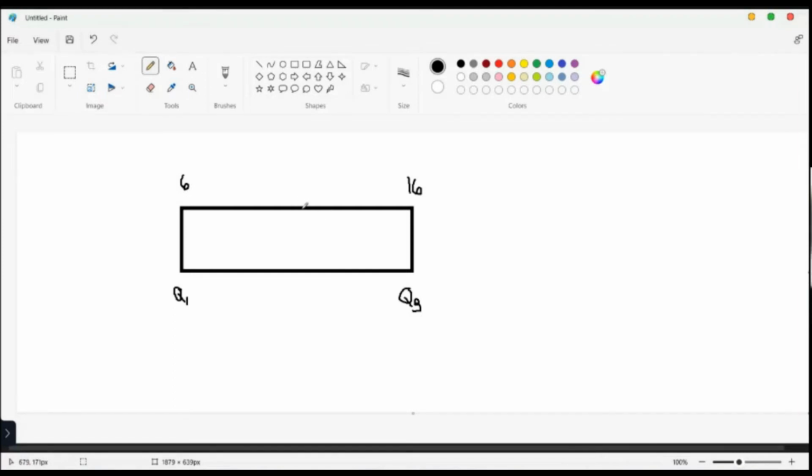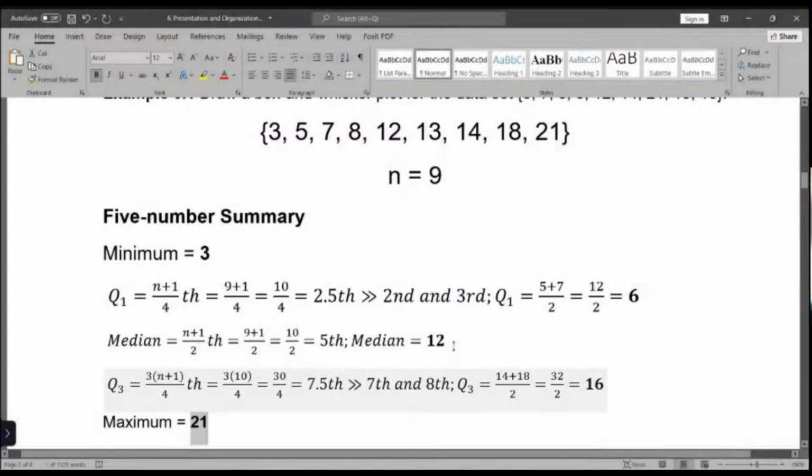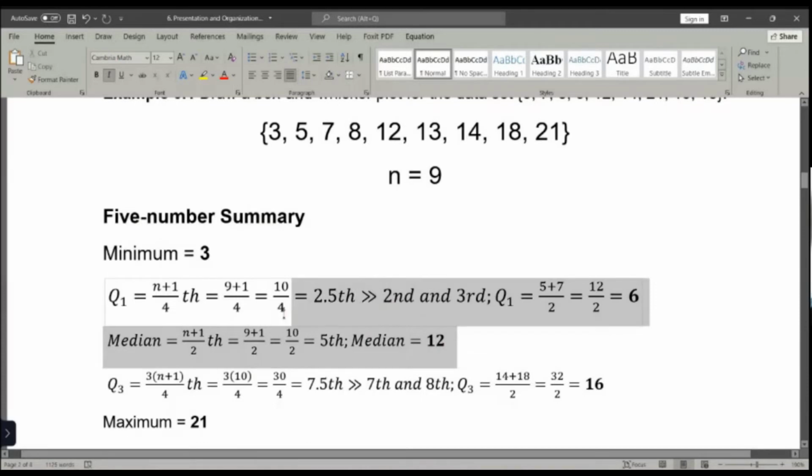Now, let's identify kung saan nating ilalagay si median. Which value do you think the median is closer to? Is median closer to the first quartile or the third quartile? Third, sir.